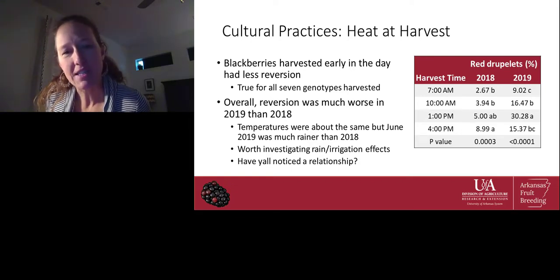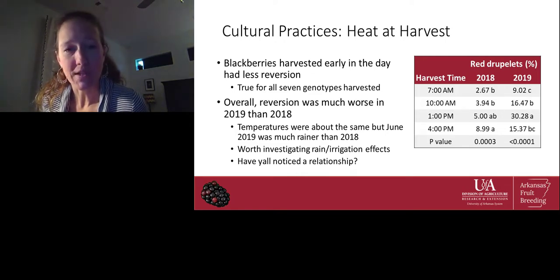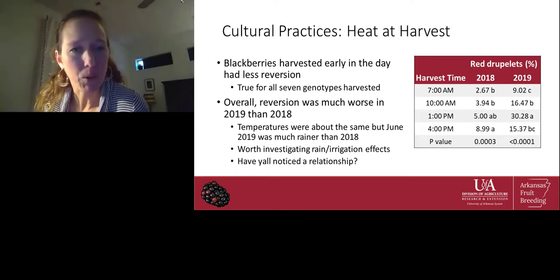Here on the right, you can see that our average red drupelet reversion was less than 10% reverted druplets in 2018, with really low reversion here at 7 a.m. and then peaking in the afternoon at 4 p.m. In 2019, again, he found the lowest reversion at 7 a.m., but his highest reversion was at 1 p.m. with 30% reverted druplets or reverted berries, and intermediate at 10 a.m. and 4 p.m. So basically harvesting at 7 a.m. was much better in both years.